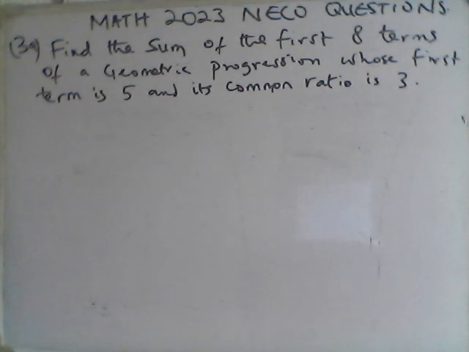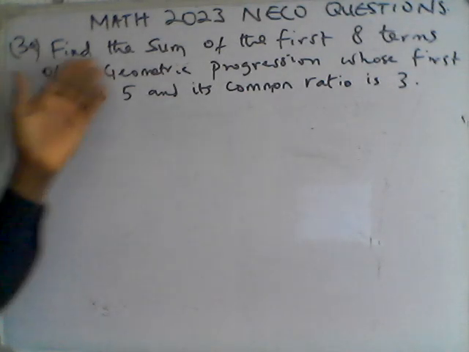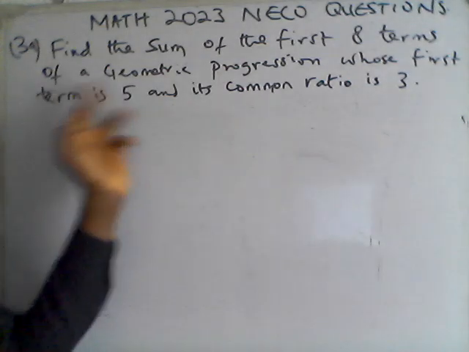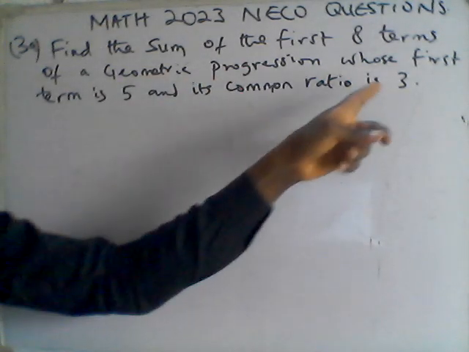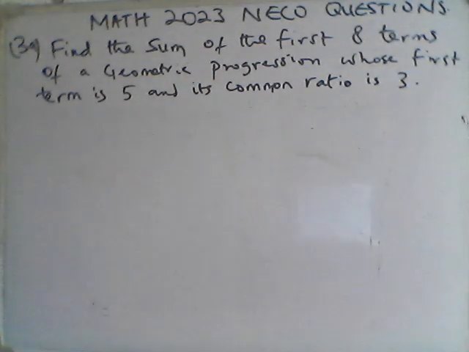Okay, so I have this question on the board, number 3a. It says, find the sum of the first 8 terms of a GP, geometric progression, whose first term is 5 and common ratio is 3. So I can first start by bringing out the parameters.